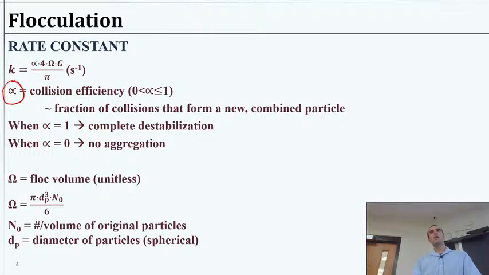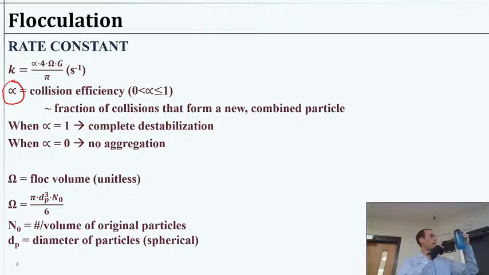Next would be the flock volume. That's what I mentioned about what portion of my volume is actually occupied by particles. And so this one is a strange one. It's called a volume term, but it's actually going to be unitless. And the way to understand that is, as I was saying, what portion of this volume is occupied by particles.